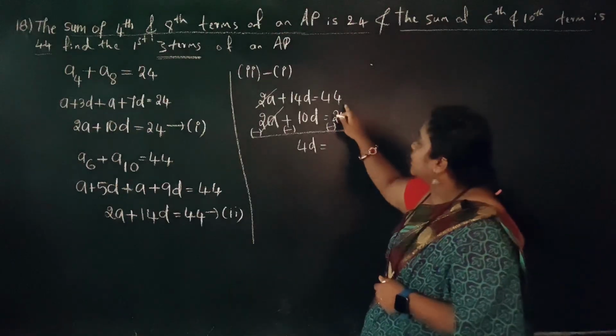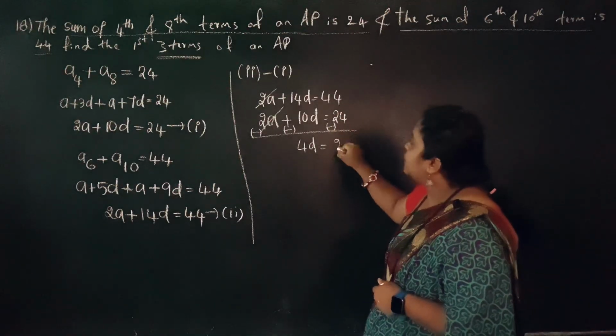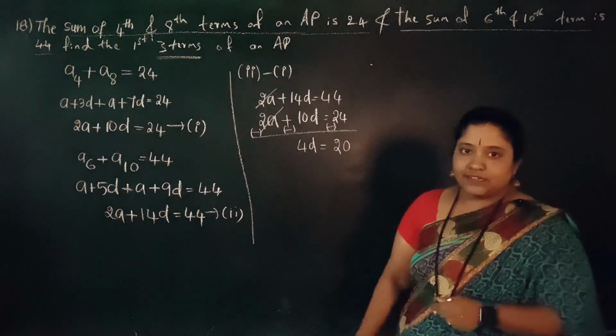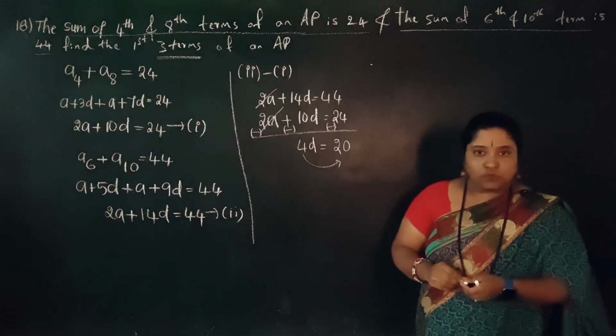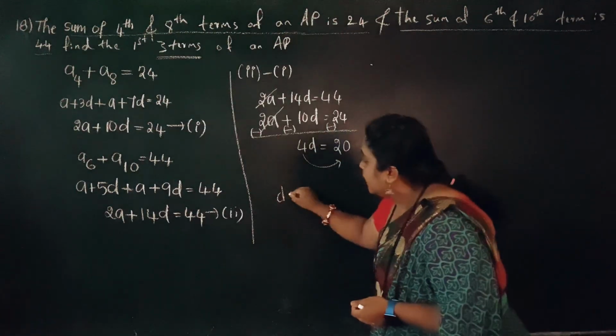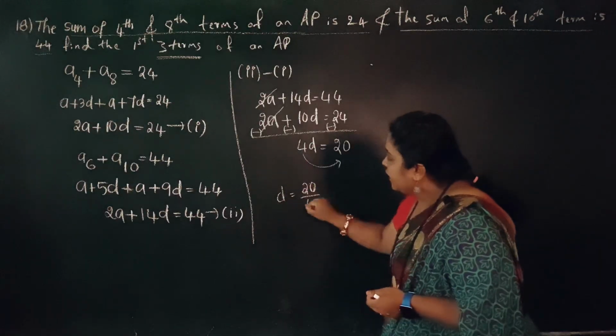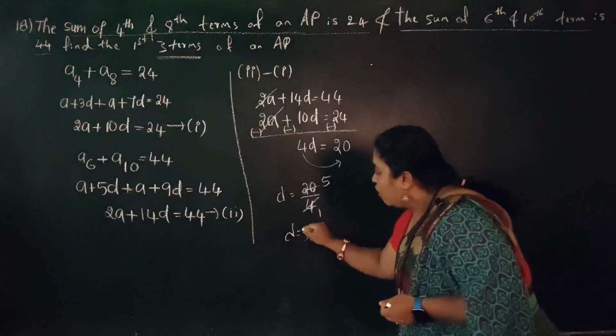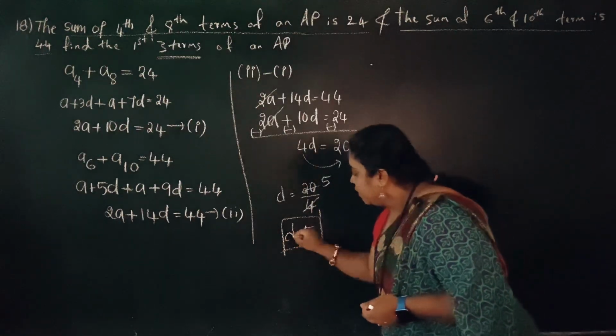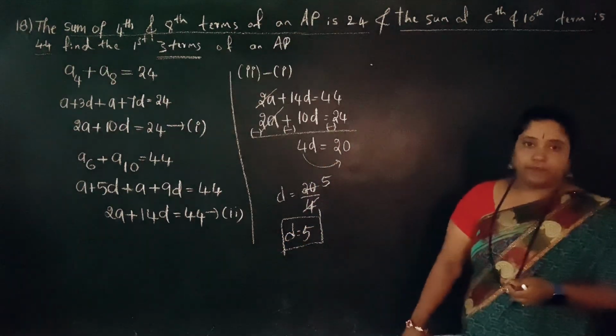Understanding? 44 minus 24 is how much, dears? 20, isn't it? Now I'll bring 4 to this side. Multiplication turns to be division. So D is equal to 20 divided by 4. 4 fives are 20. I got the D value as 5.